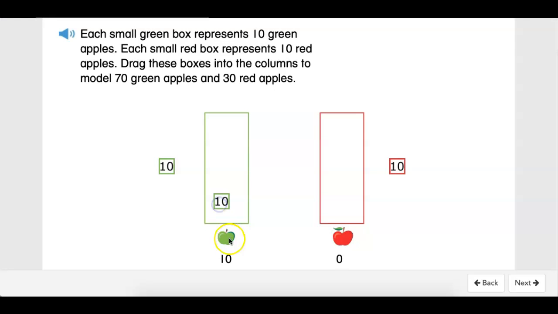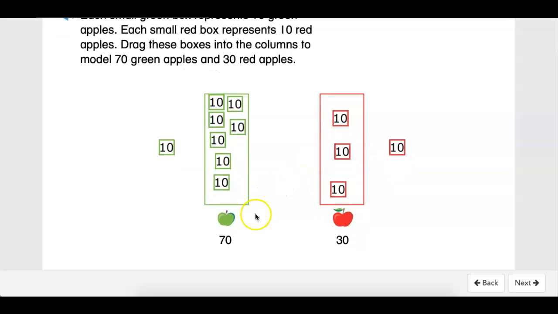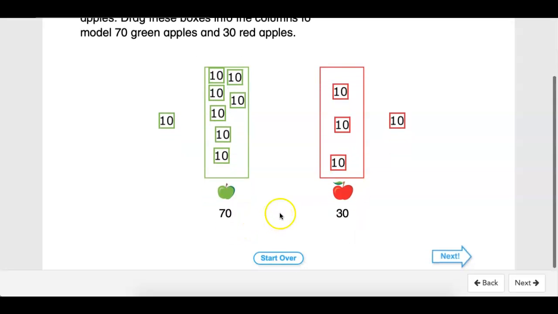Here we have 10 green apples, 20, 30, 40, 50, 60, 70 green apples. Now we need 30 red apples. 10, 20, 30. Now we have 70 green apples and 30 red apples.